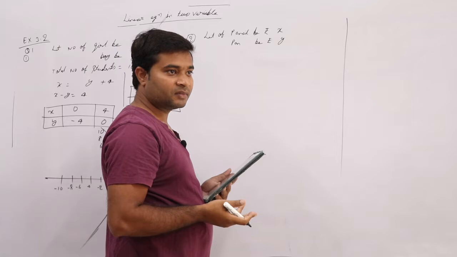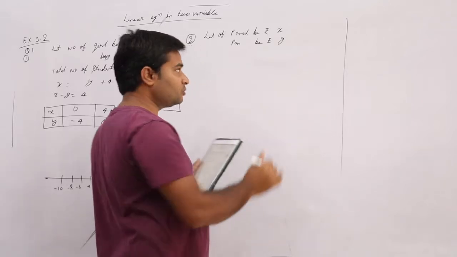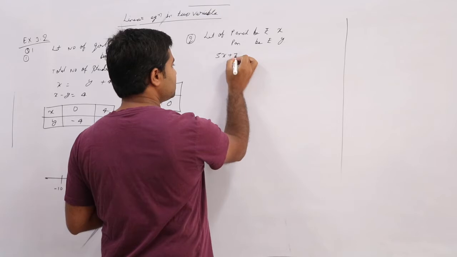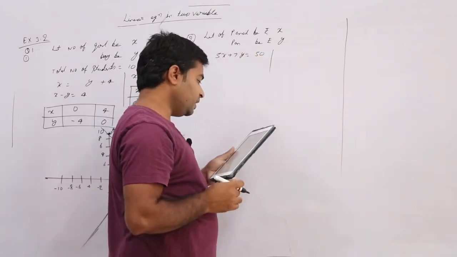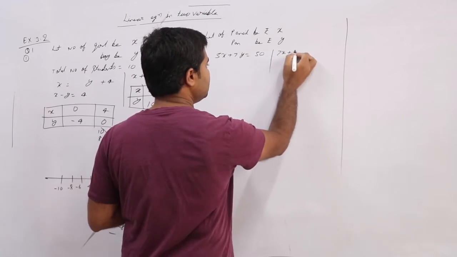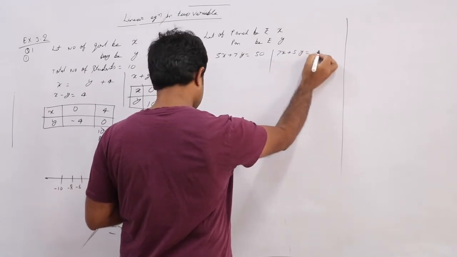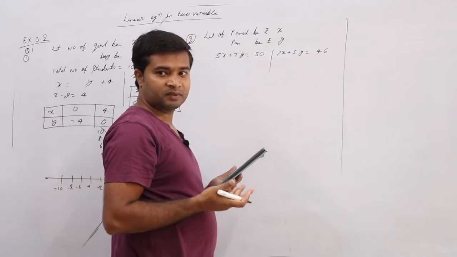Next, saying 5 pencils and 7 pens, so 5x plus 7y is equal to 50, whereas 7 pencils and 5 pens, so 7x plus 5y is equal to 46. Now find the cost of a pen and a pencil.